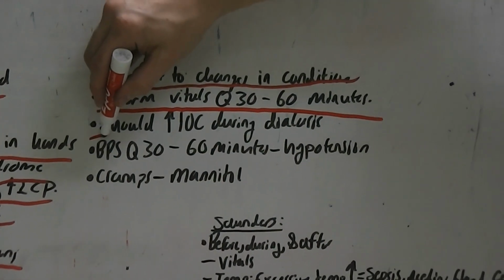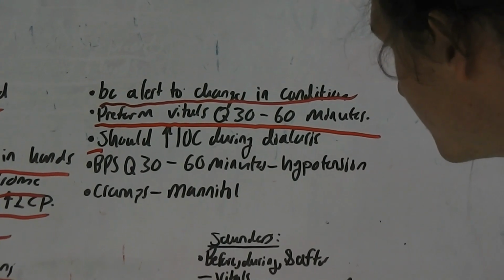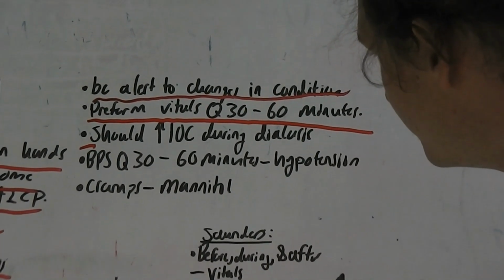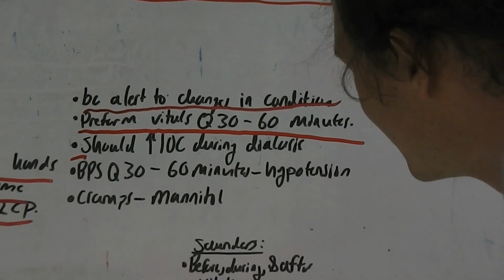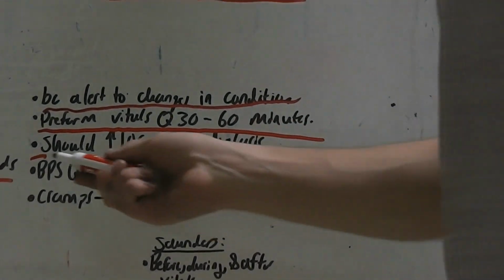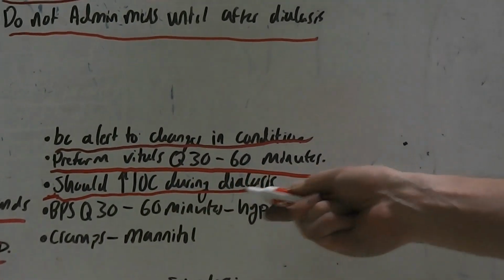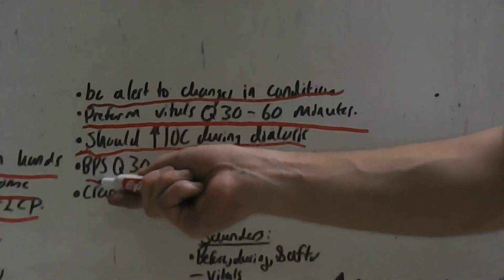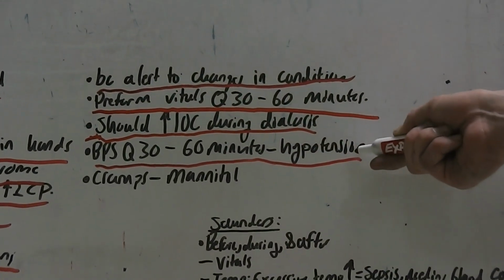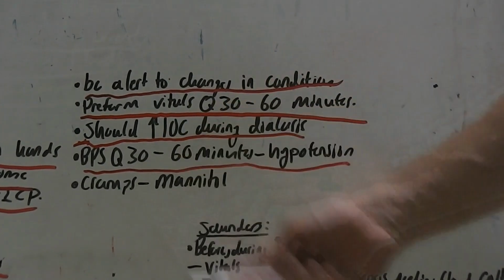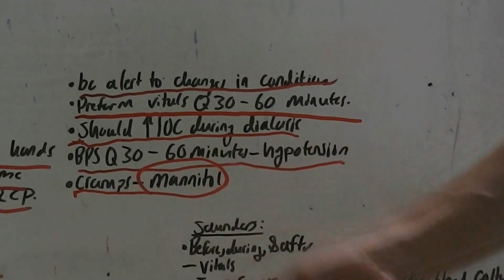Should the level of consciousness increase during dialysis? Oh, okay, so the level of consciousness should increase during dialysis. I reported that wrong. Blood pressure is done every 30 to 60 minutes to monitor for hypotension. So the vitals, blood pressure, if they have cramps, we give them mannitol.